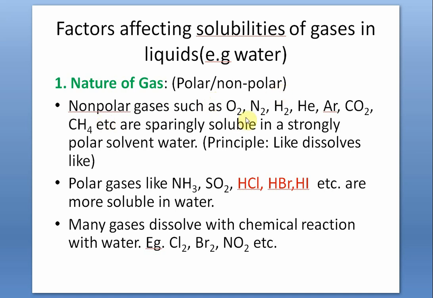If they are completely non-polar, like oxygen, nitrogen, hydrogen, helium, argon, carbon dioxide, which is a linear molecule, so there is no net dipole moment, methane and other hydrocarbons are completely non-polar and they are sparingly soluble in strongly polar solvent like water, because you know the principle, like dissolves like. Birds of same feather flock together. So the solubilities of all these non-polar gases is very, very small, but we have to study.